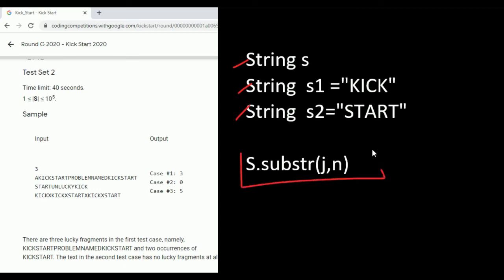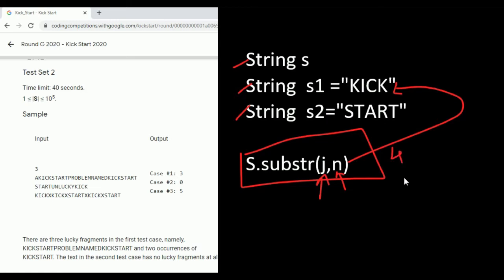We use s.substr starting at index j and going up to the length n. Here j goes from 0 up to the last point, and n is the size of our substring. When we are finding kick, n equals 4, and when we find start, we use n equal to 5.